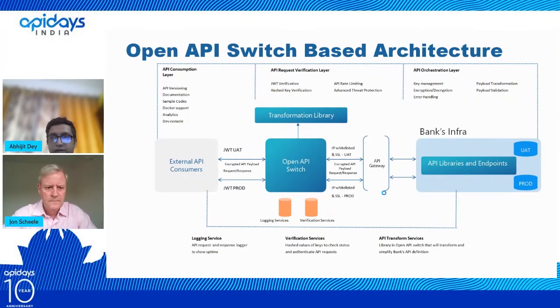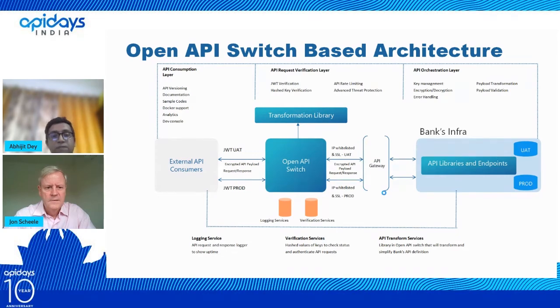As we said, there is no standard process, or no standard API definition we are following across the banks. So each and every bank has its own set of encryption algorithm, or token binding, or SSL authentication, and that creates a lot of effort. It needs lots of effort from the consumer end.